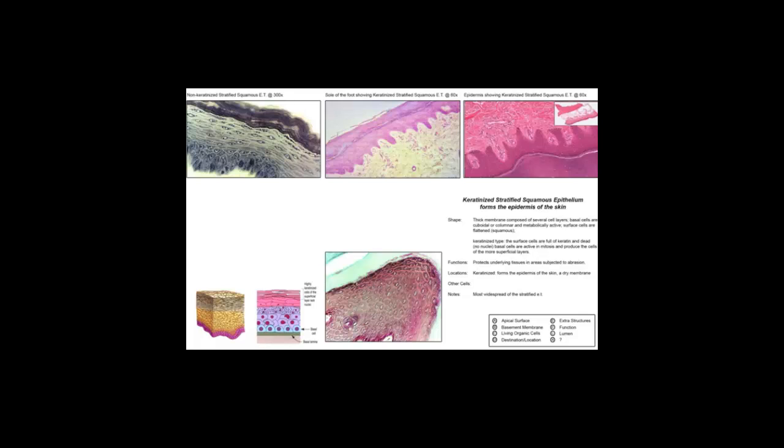Stratum spinosum beneath that would be the thickest layer of living cells in the skin, and would be approximately 12 to 15 layers of cells thick. These cells, by the way, are keratinocytes, and we would find at the basal layer, the single layer of cells at the basement membrane here, a combination of 2 different types of cells.